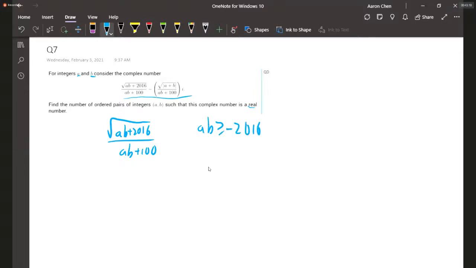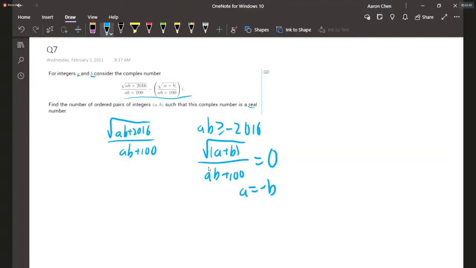And so in this case, in order for the complex number to be real, you need the square root of the absolute value of a plus b, divided by ab plus 100, to equal 0. And in order for this to happen, you need the numerator to be 0, which only happens if a equals negative b.